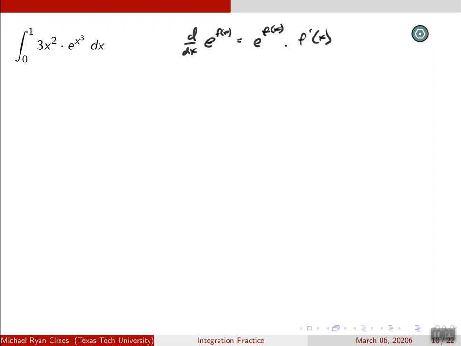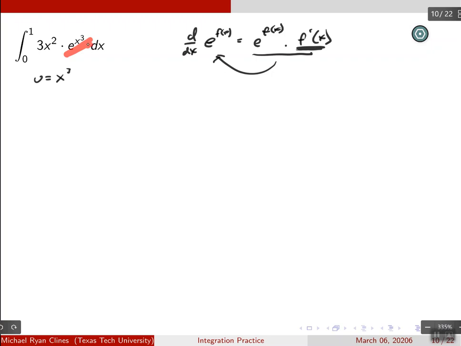We have to go from here back to here without knowing if this piece right here is actually the derivative. So this is where u substitution comes into play. When you have a function times e to another function, 80-90% of the time, your go-to should be letting u equal the function in the exponent of e.